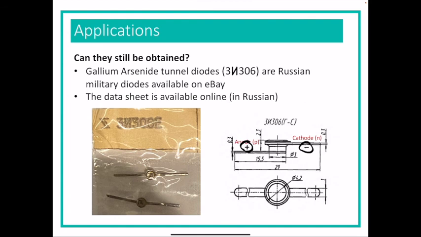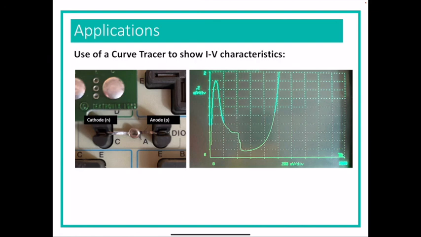We can take that and plug it into the curve tracer. When we connect it up such that the anode and cathode are connected correctly, what we get is a pretty good representation of how the tunnel diode works. You notice there's a negative resistance region between about 0.1 volts and about 0.6 volts, something like that.